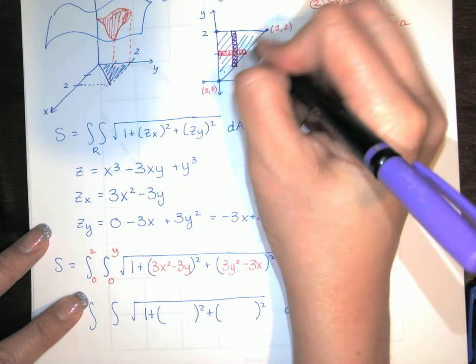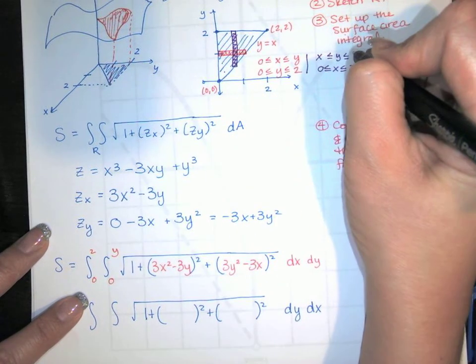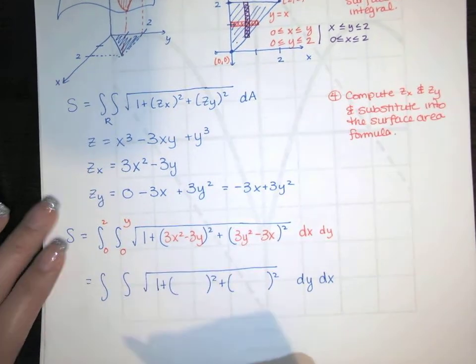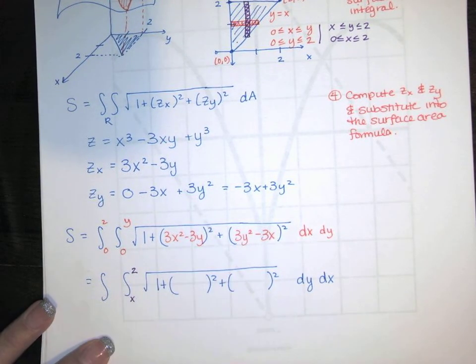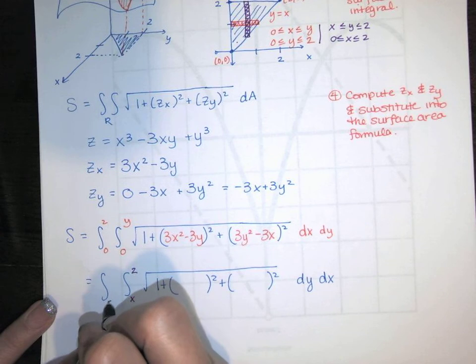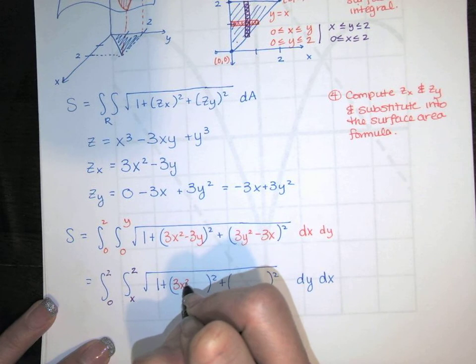And y is going from x to y equals 2. The bottom function to the top function is x to 2. So since y goes from a function to a function, we integrate with respect to y first. X goes from a constant to a constant. Those are on the outside. And the partials are exactly the same as they were in the last step.